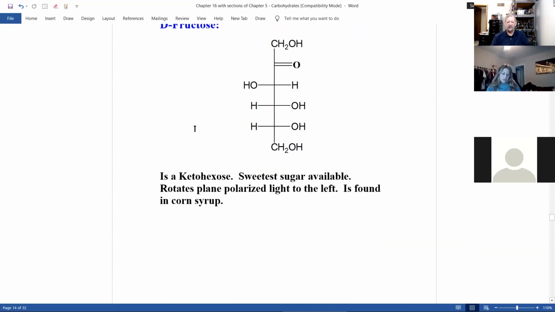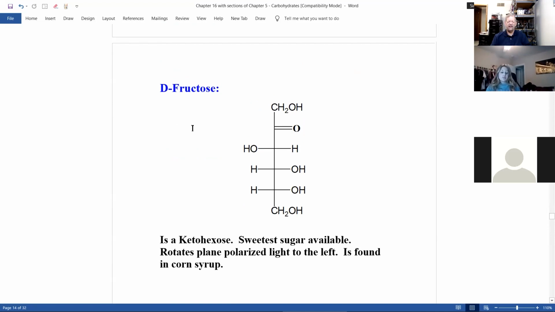Now, another sugar is D-fructose, and this is a ketose. It's actually called a ketohexose, hexose coming from hexane, six carbons. It turns out this is the sweetest sugar available from Mother Nature. A number of years ago, chemists helped food companies, or I guess corn syrup companies, find a way to make high fructose corn syrup.